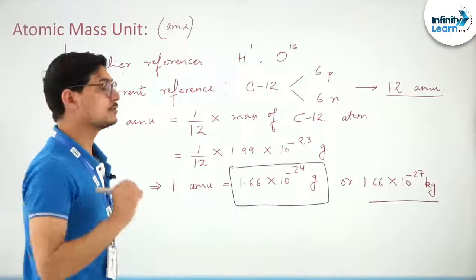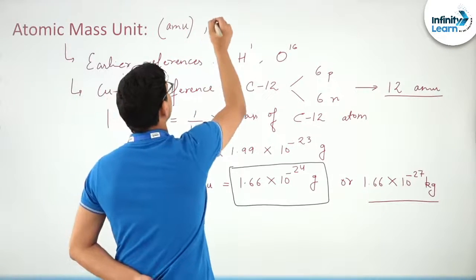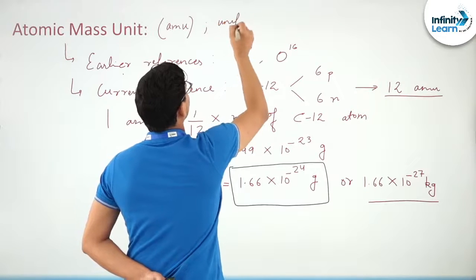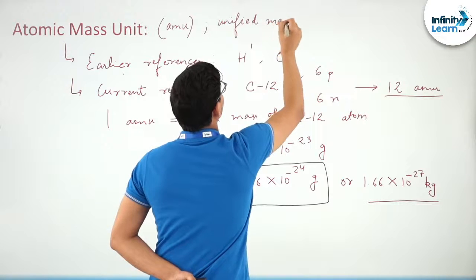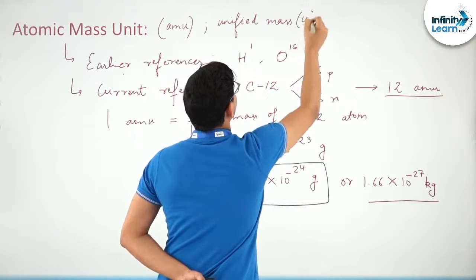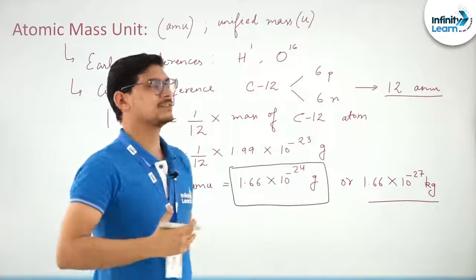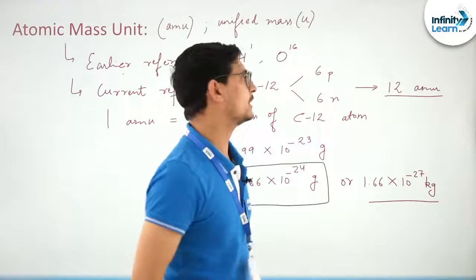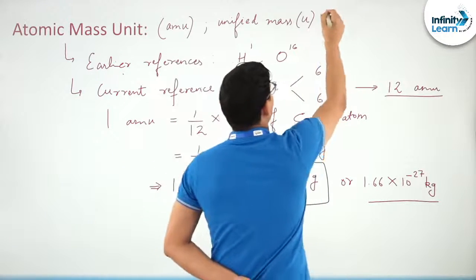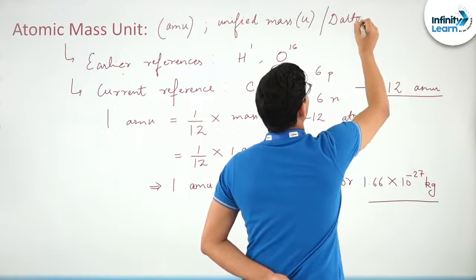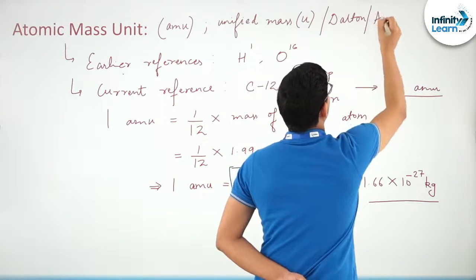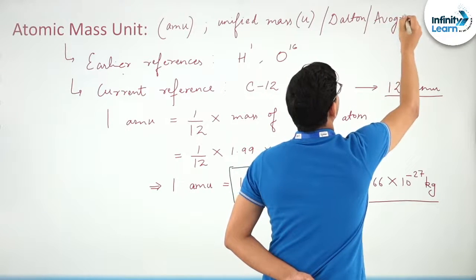It is also called unified mass, for which the symbol is U. Although they are just merely for information, you should know that AMU is also called Dalton. That is 1 AMU is 1 Dalton, or you can also call Avogram.